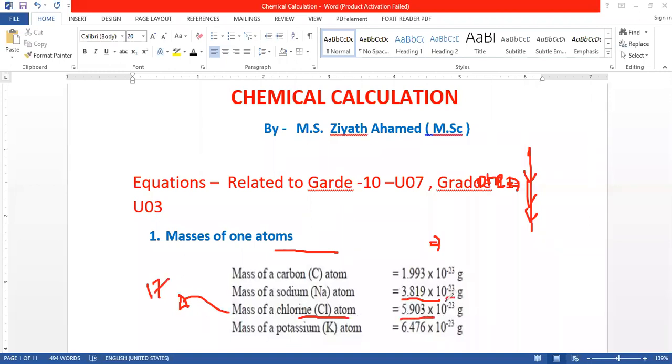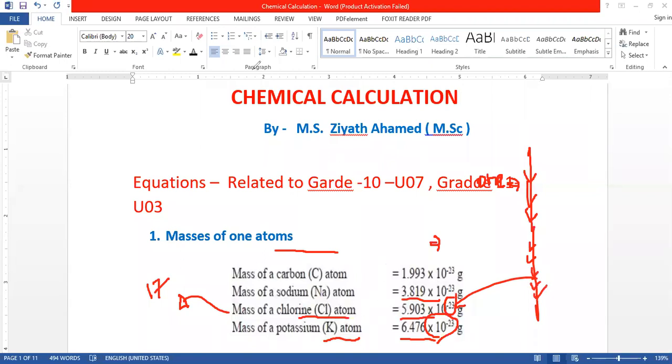Look at potassium: the mass of potassium is 6.476 × 10^-23 gram. These are very much lighter masses of atoms.